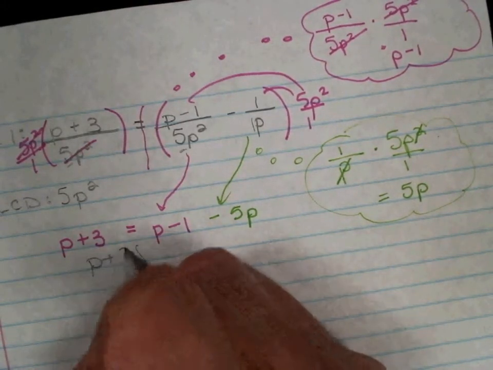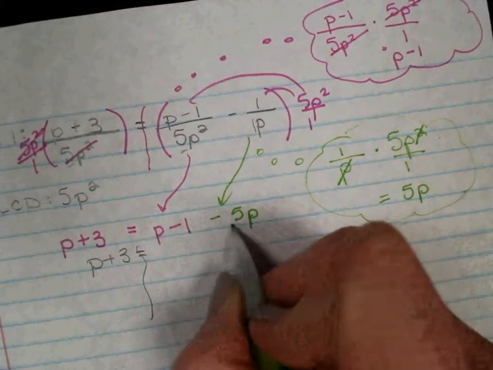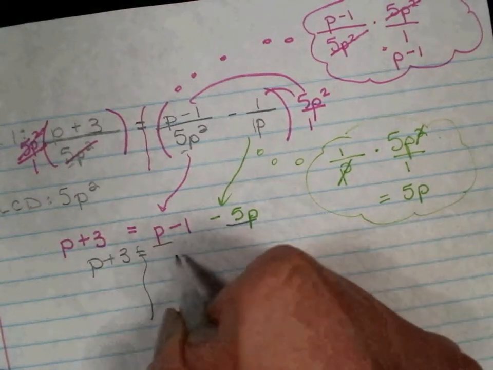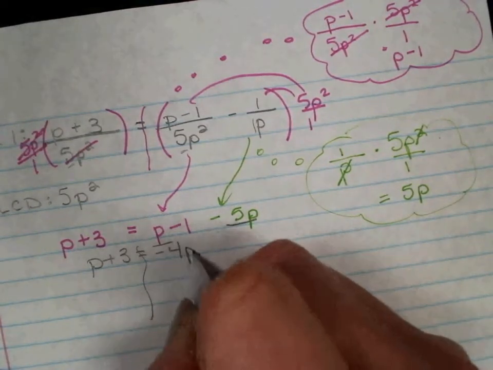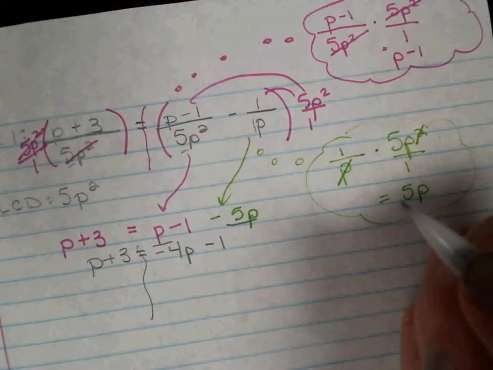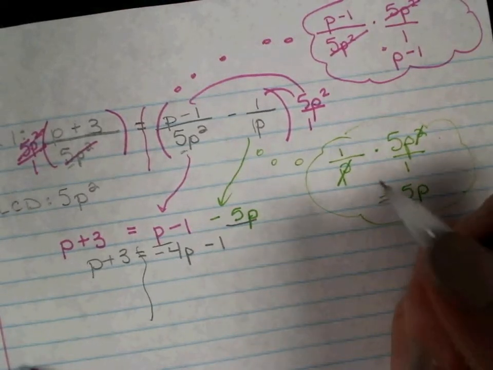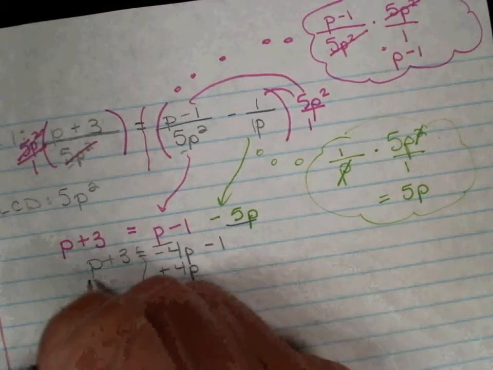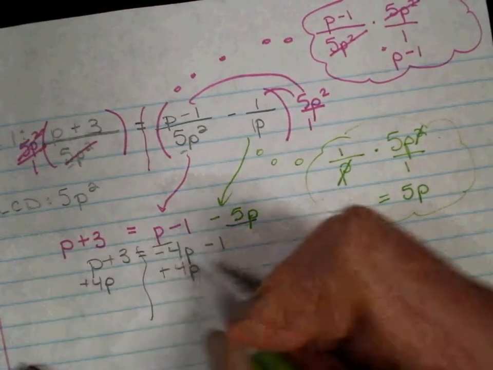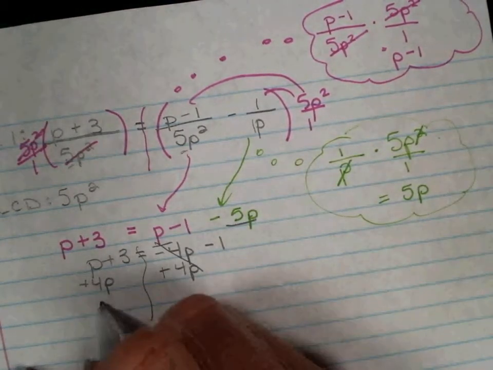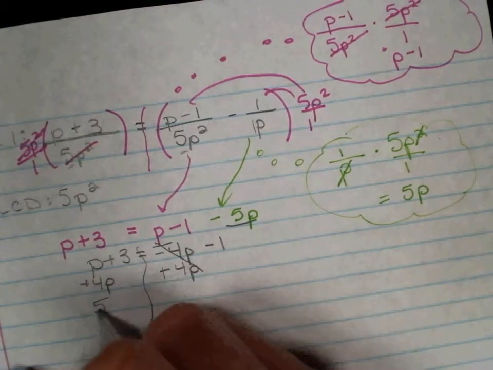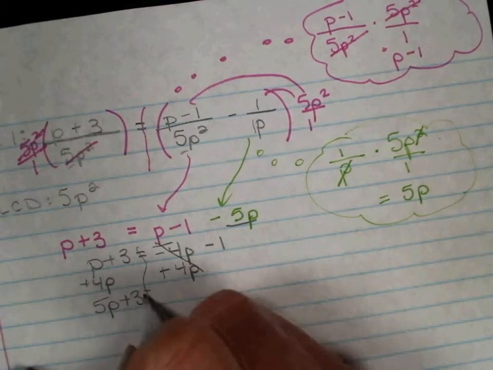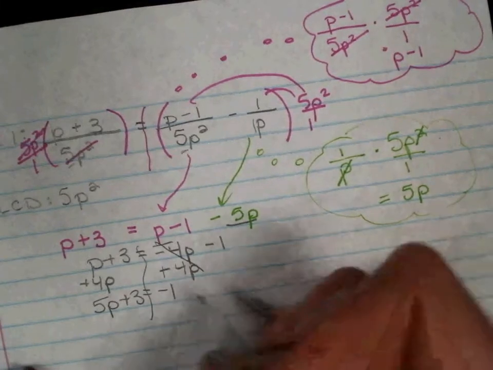So we can combine like terms here. p minus 5p is negative 4p. And then minus 1. I'm going to gather all my p's on the same side, so add 4p to both sides. So I have 5p plus 3 equals negative 1.